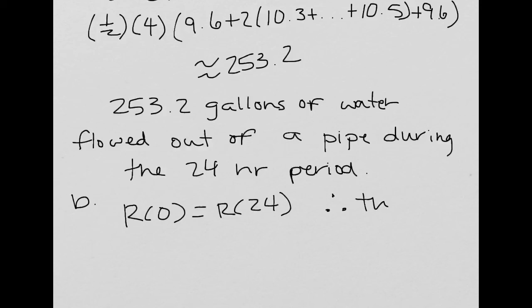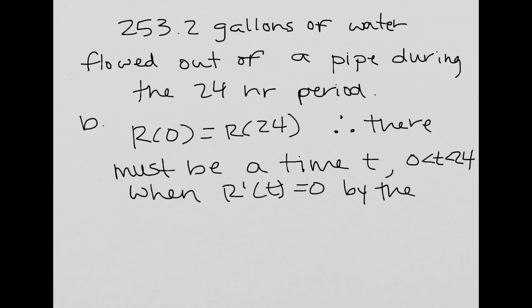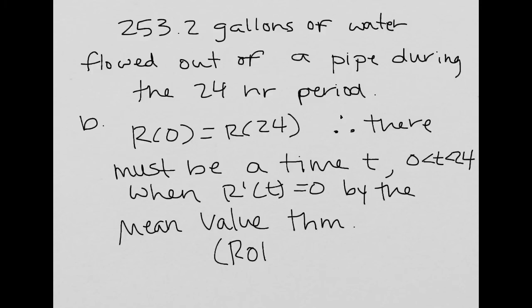Therefore, there must be a time t between 0 and 24 when the derivative of R is equal to 0. By the, remember that was called the mean value theorem. And more specifically, that one, because it's equal to 0, was called Rolle's theorem.